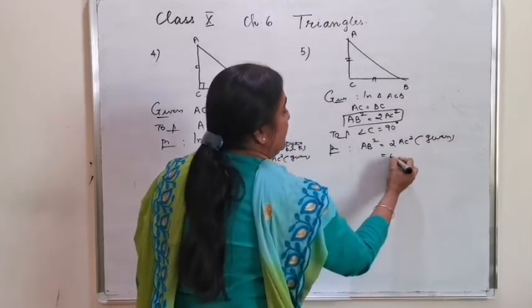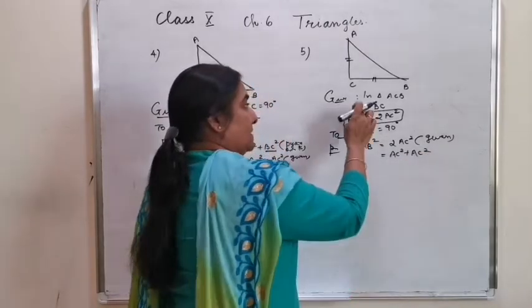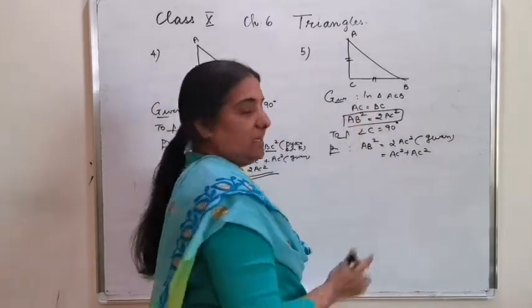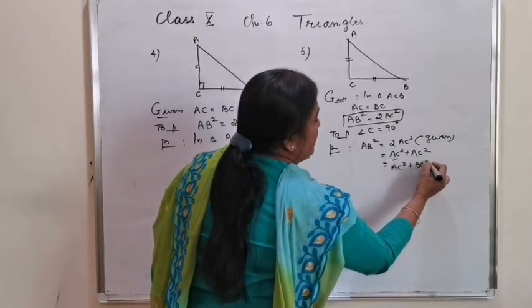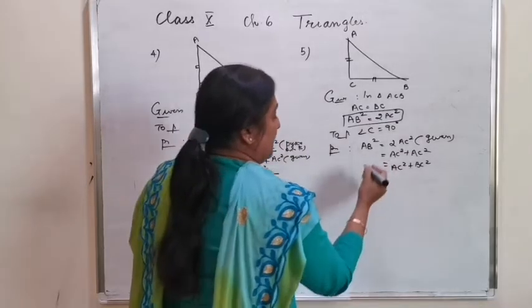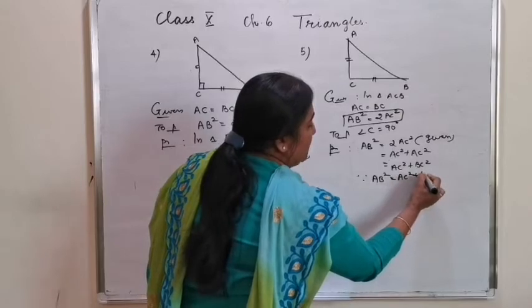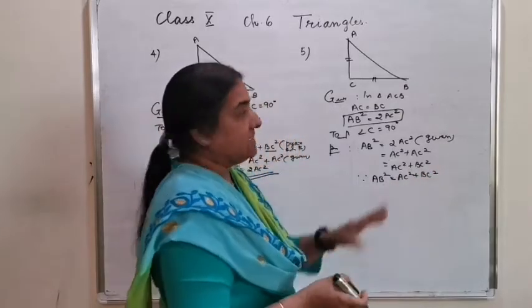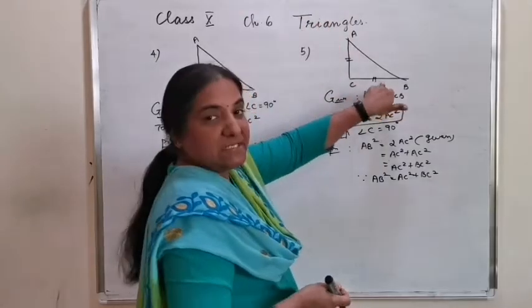Split it as AC square plus AC square. Since AC and BC are equal, replace one of the AC with BC, giving AC square plus BC square. Since AB square is equal to AC square plus BC square, AB square length is the same as AC square plus BC square.